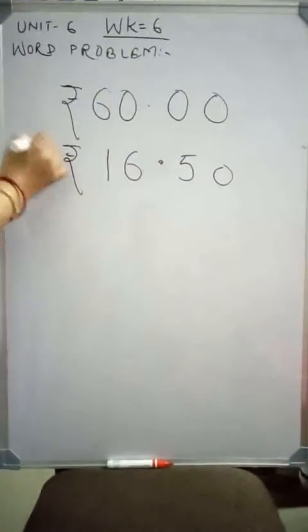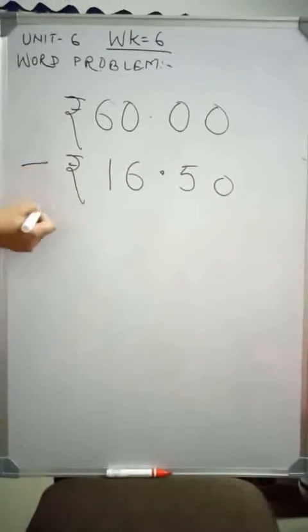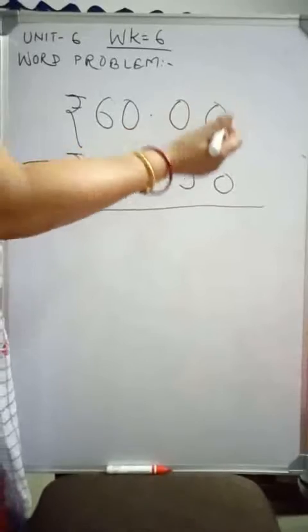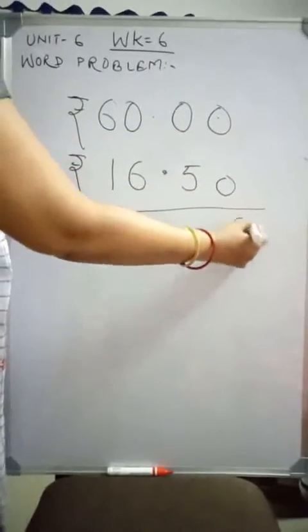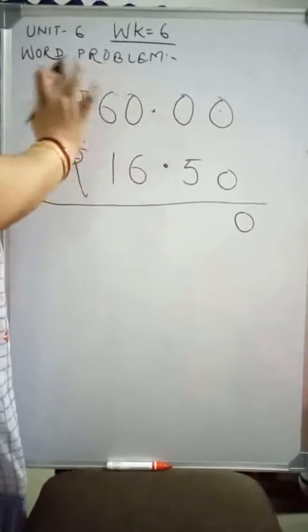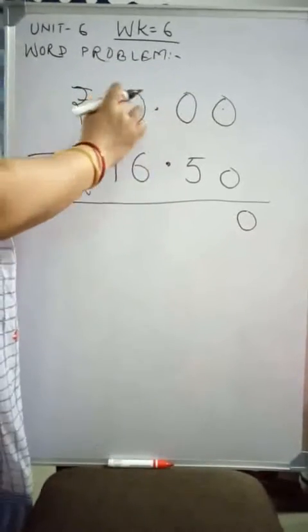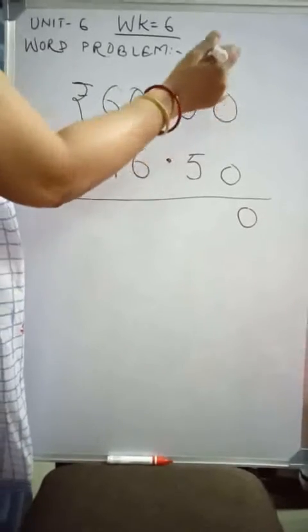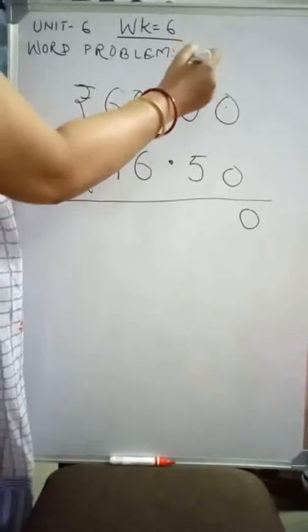Now to find how much amount is left with him, put the subtraction sign. Now start the subtraction from the right-hand side. So 0 minus 0 is 0. Forget this decimal point for now. Just think that it is a whole number, 6000 and 1650. So this 0 will become 10.